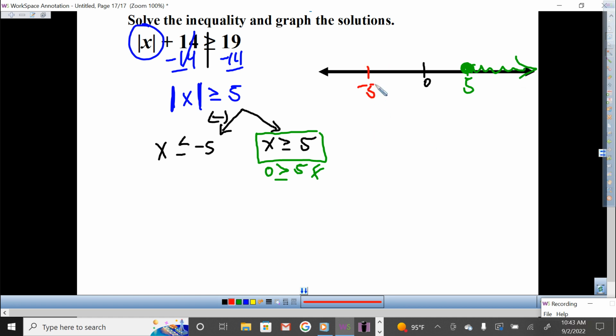Negative 5 over here, solid point. I'm going to test 0 again. Is 0 less than or equal to negative 5? No, so it's going to go the opposite direction. So what do we have? By now you should be able to write your solution set from there, yes?